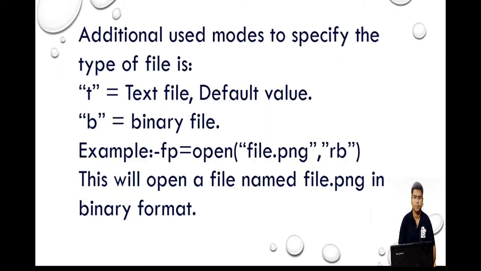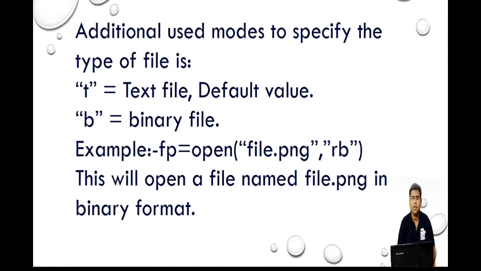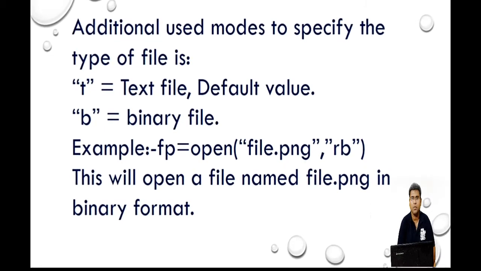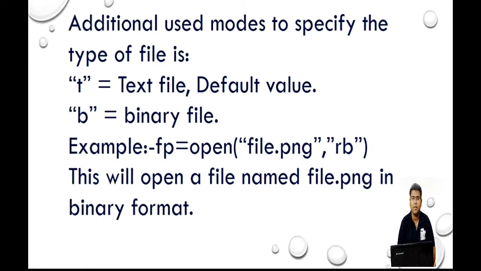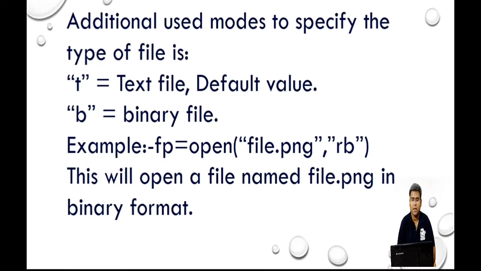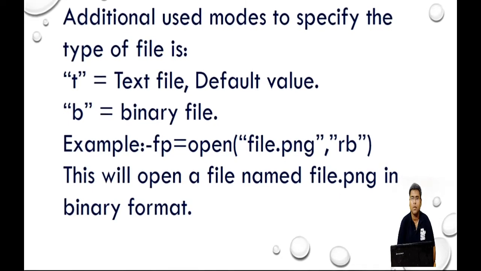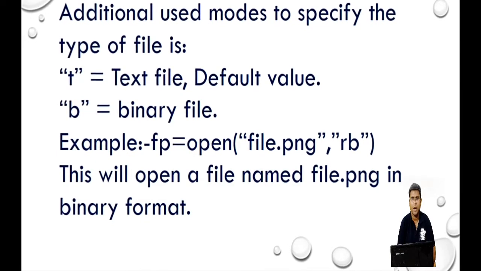Moving further, as I have discussed previously, there are two types of file in Python. Python can handle only two types of file. Number one is T for text file. This is actually the default mode, and this is also a mode. I am telling you about the files and the related modes. T stands for text mode.